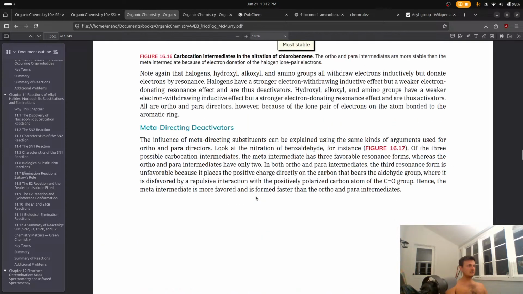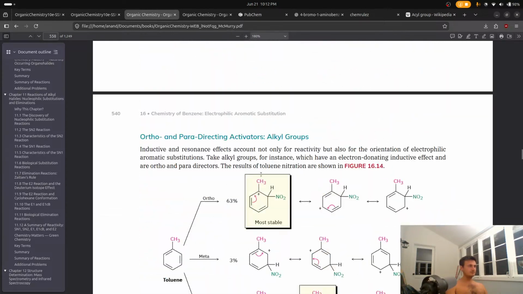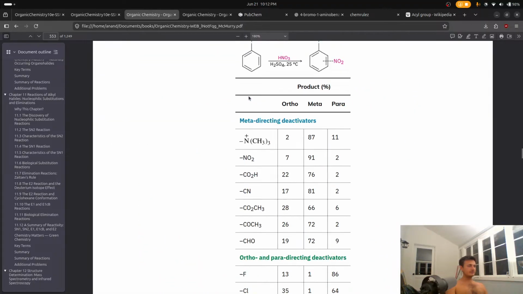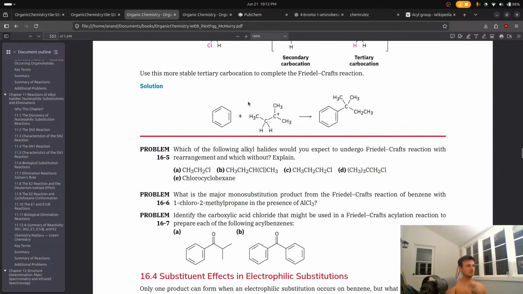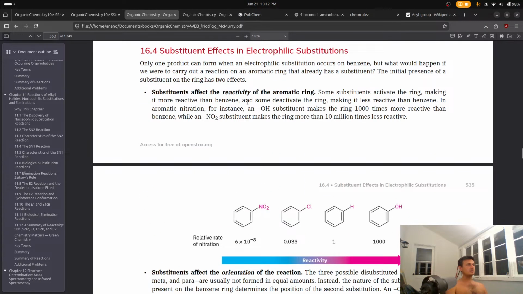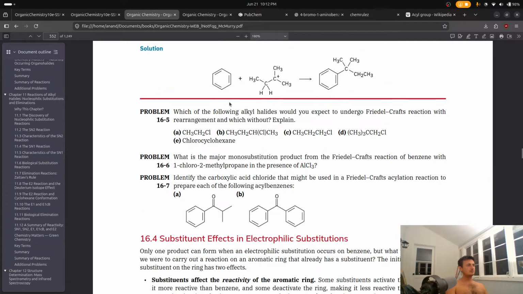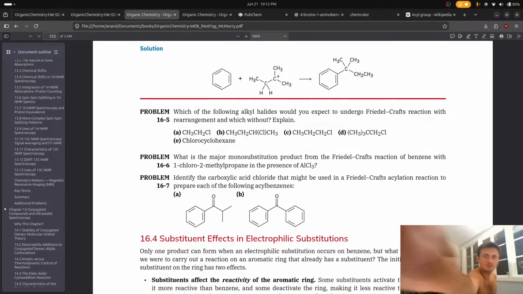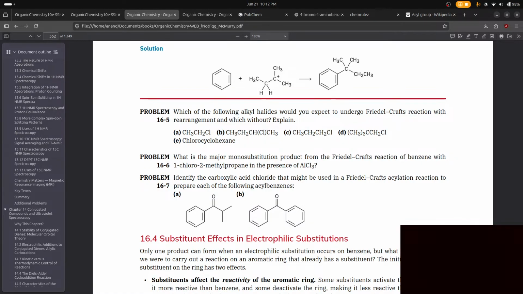Okay, so let's go back up to. Damn, this is a much longer section than the last chapter. But it's like halfway there. Okay, just give me a second. I'll be back in a sec.